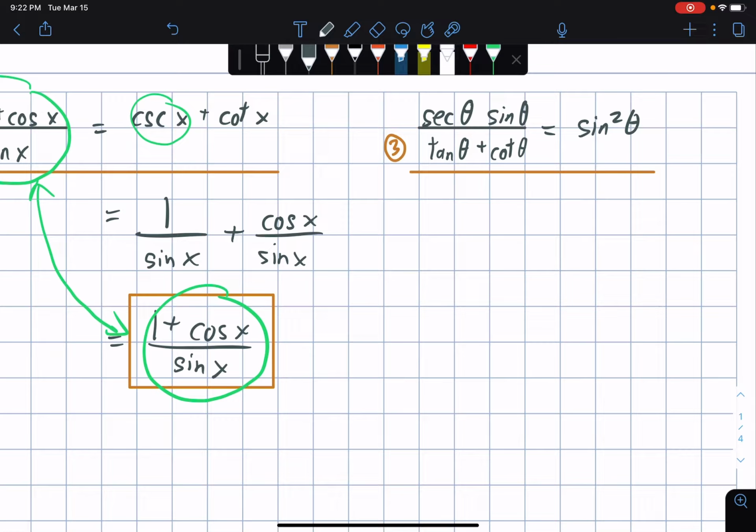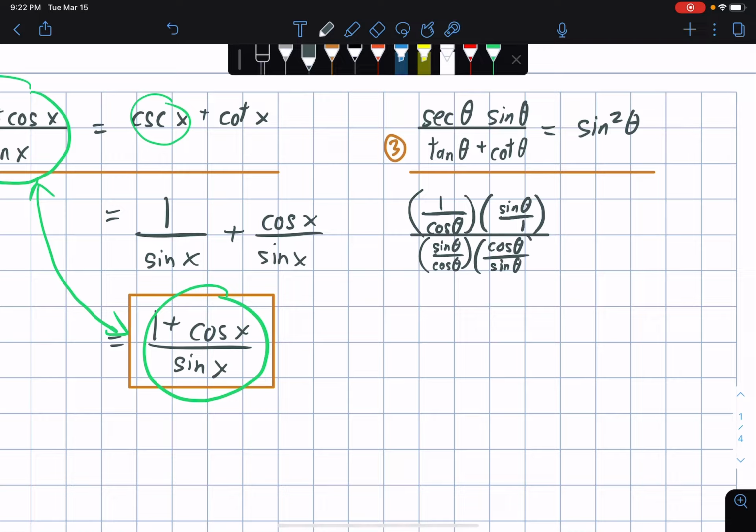For the numerator, we have secant theta, which is 1 over cos theta, times sine theta. At our denominator, we could turn tan theta into sine theta over cos theta, and our cotangent will be cos theta over sine theta.